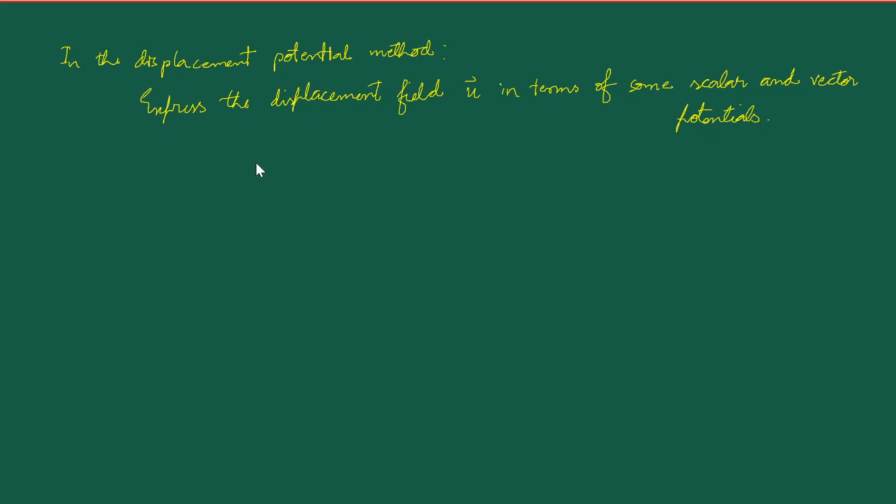Furthermore, please note that since we are going to express the displacement field in terms of some scalar or vector potentials, the governing equation associated with the elasticity problems that we're going to address will not be expressed in terms of the stress equilibrium equations.